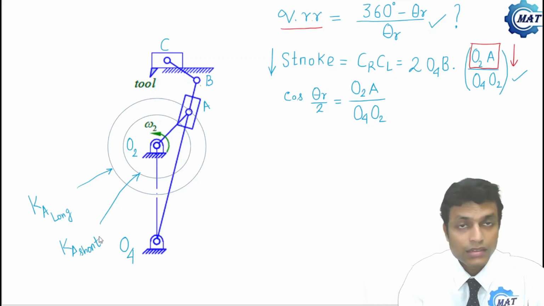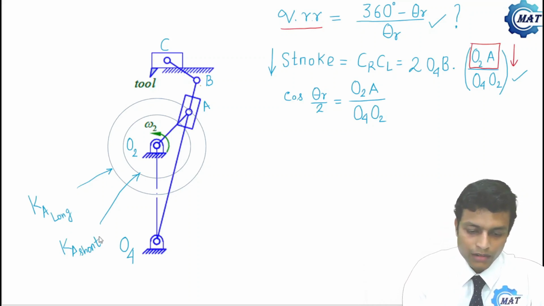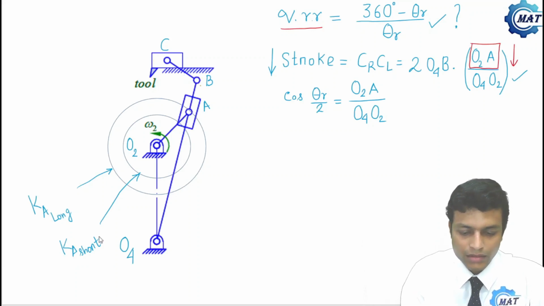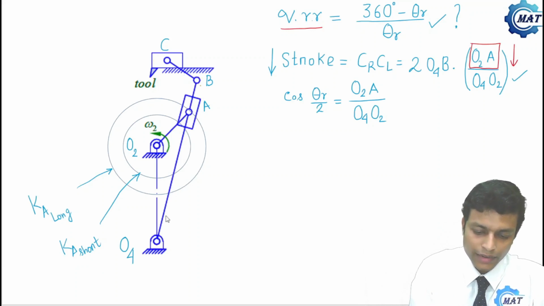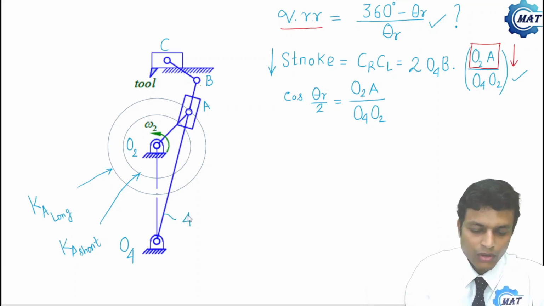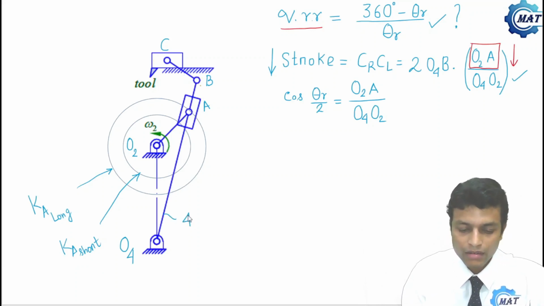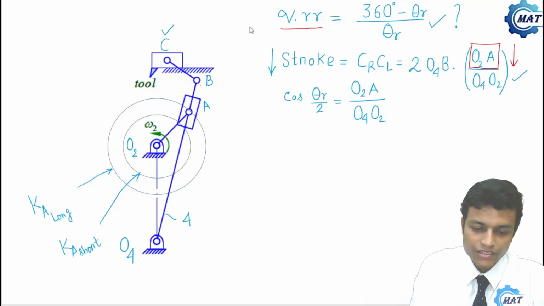This is the circle generated by shorter crank. Now let us draw the orientation of oscillating link, that is link number 4, for both the cranks when C is at extreme right.